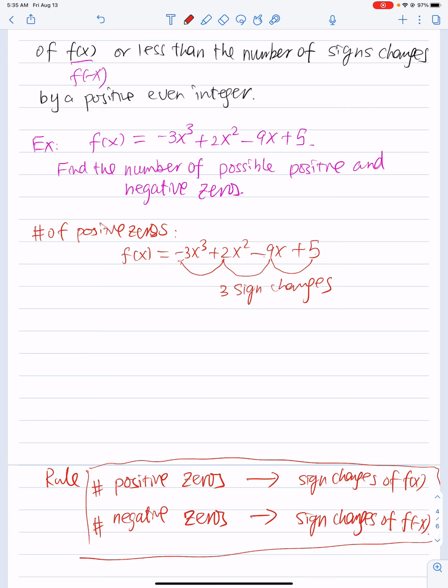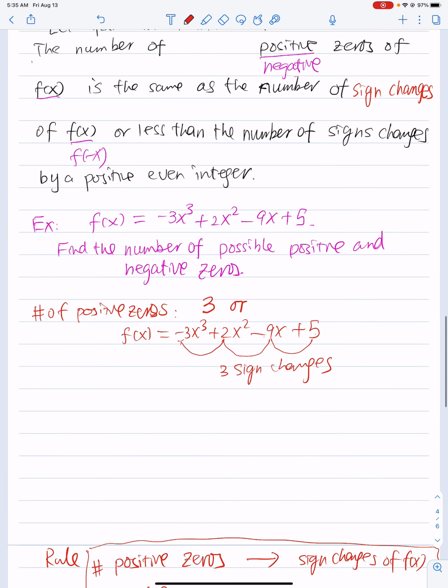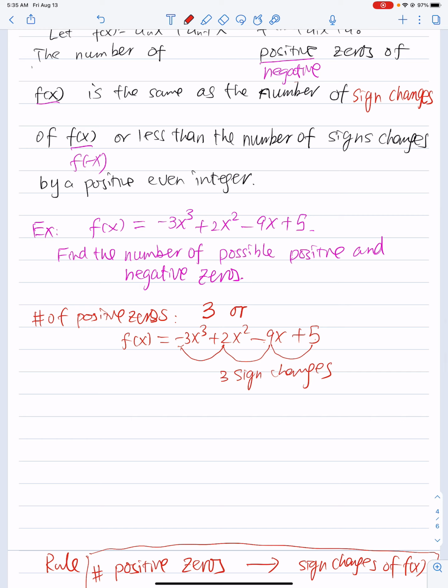So the number of positive zeros is 3, or what? Because we also want less than the number of sign changes by a positive even integer. What will the even integers be? 2, 4, 6, 8.